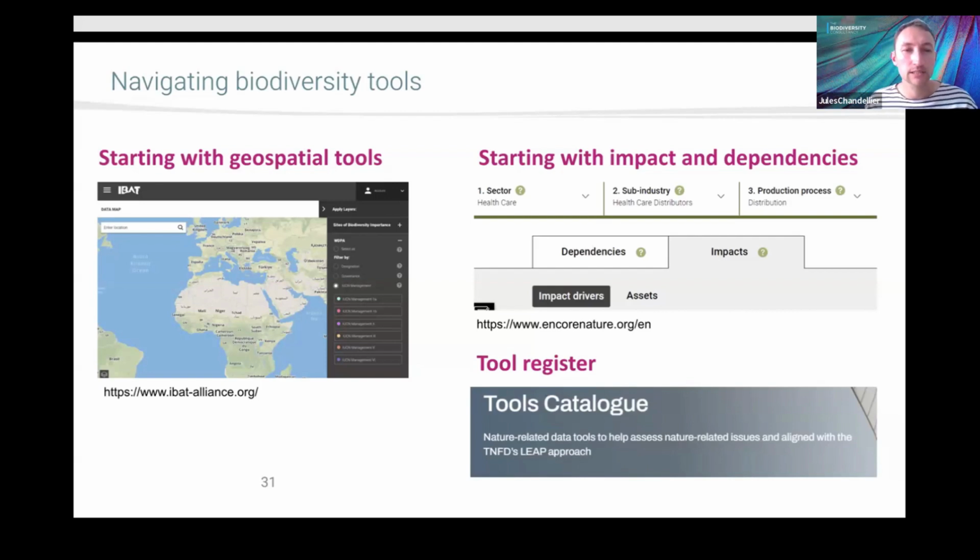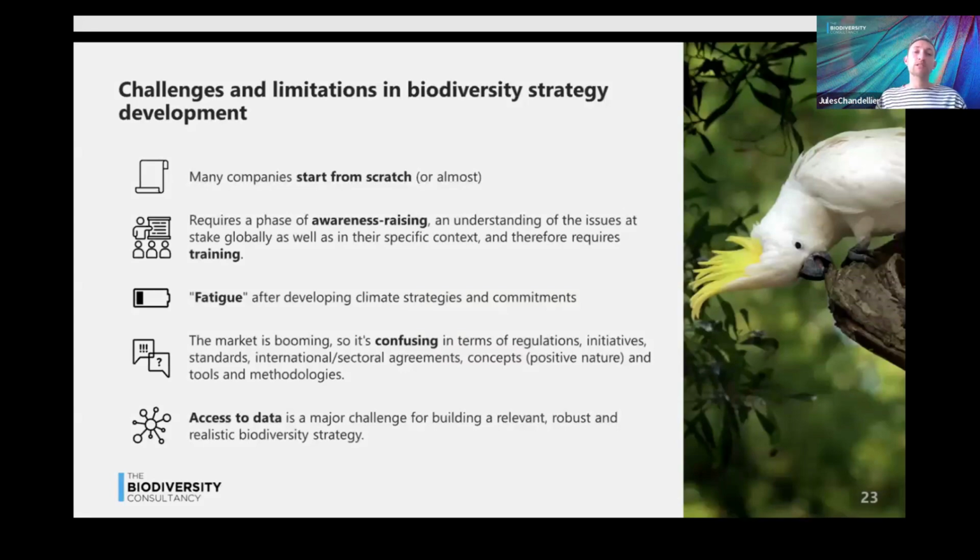next slide, please. Yeah, I think it's always good to have in mind the challenges and limitations of integrating biodiversity within your organization. First, to know that these are common challenges, that you are not alone in this, but it's also good to anticipate a bit what might happen.